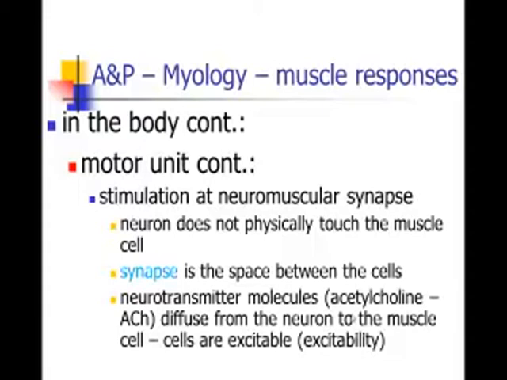They burst through exocytosis. The acetylcholine is released into the space, and then it diffuses, goes from high concentration to low. The high concentration is going to be at the neuron, and the low concentration would be at the muscle cell. And the acetylcholine moves across that synapse and causes the cells to become excited.